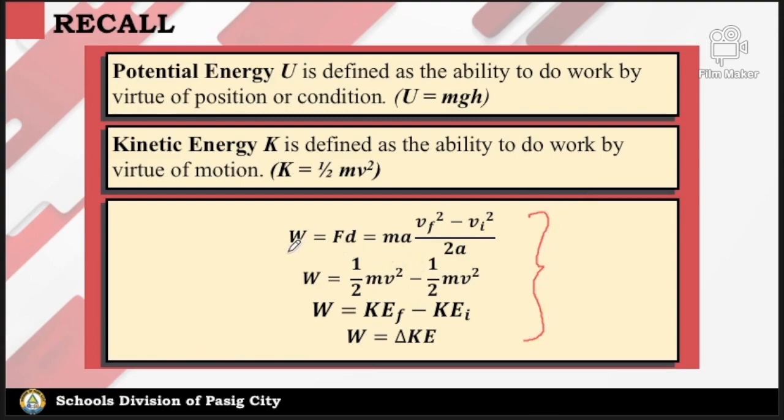If work is equal to force times distance, we substitute the equation for force, which is mass times acceleration, and the displacement. Simplifying the equation, it will give us work is equal to 1/2 mv final squared minus 1/2 mv initial squared. Or we can simply say that work is equal to the final kinetic energy minus the initial kinetic energy, or work is equal to the change in kinetic energy.